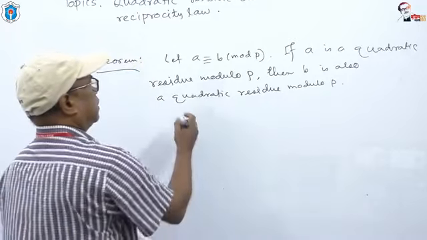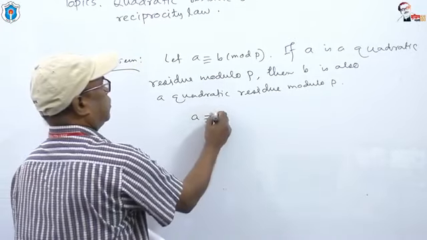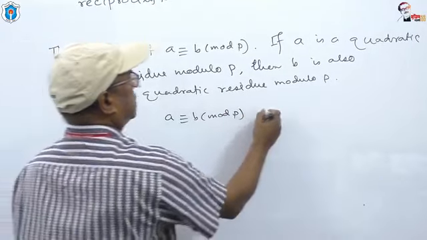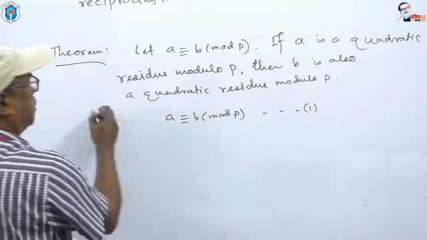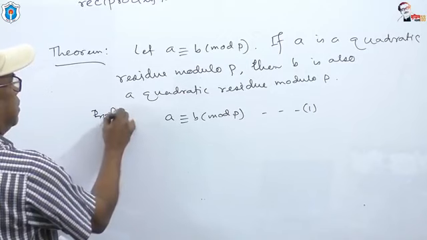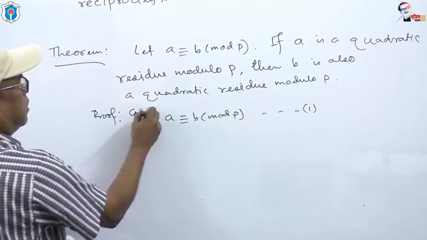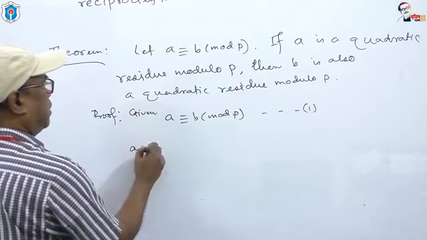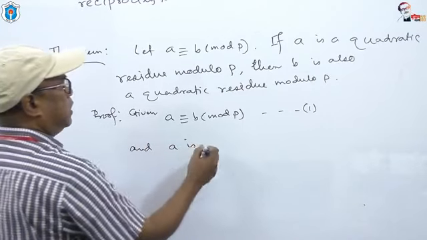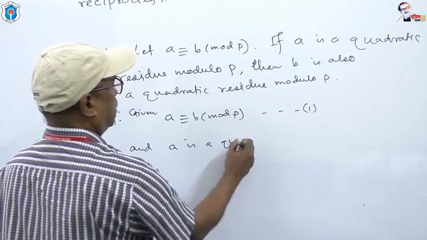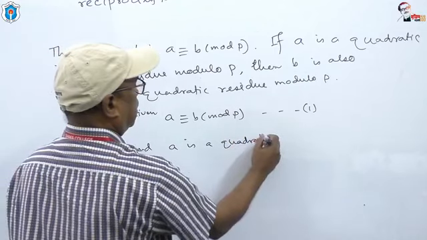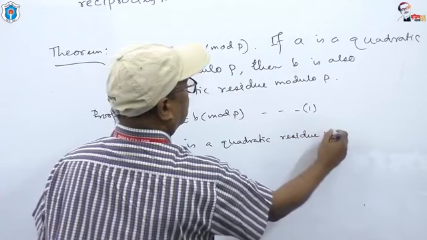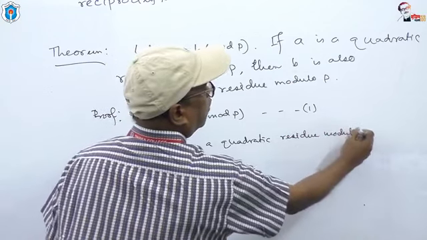এখন দেওয়া আছে a congruent to b mod p, this is given, and a is a quadratic residue modulo p.